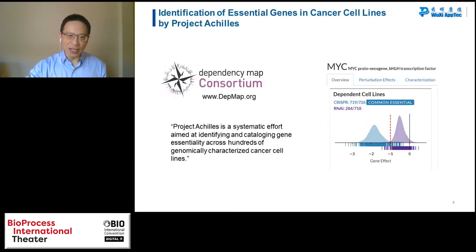Systematic efforts have already been ongoing to identify genes essential for viability across hundreds of cancer cell lines, which are growing in petri dishes. We routinely these days look up our favorite genes in that map provided by Project Achilles, to see how our favorite genes behave in vitro.